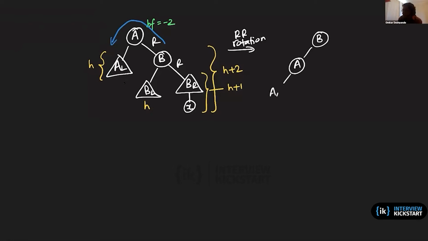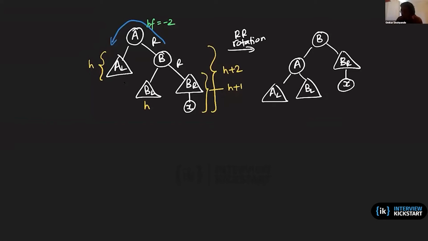A's left subtree continues to be with A. B's right subtree continues to be with B with X in it. B's left subtree now can't remain with B. It still has to lie to the left of B. So there's space here. Let's put it there.